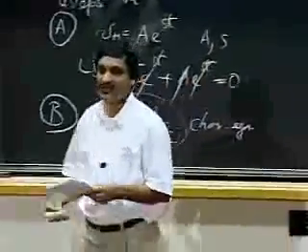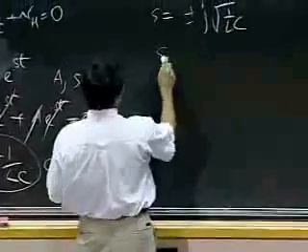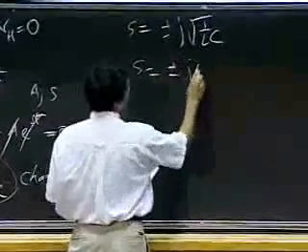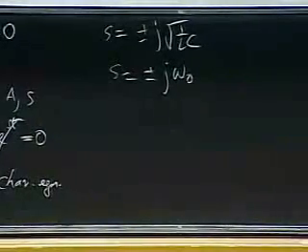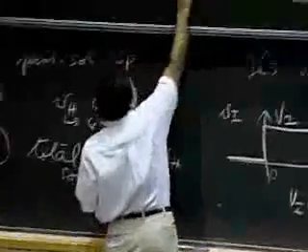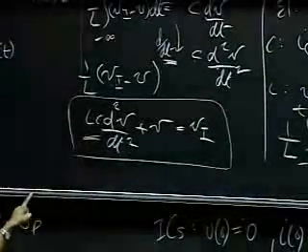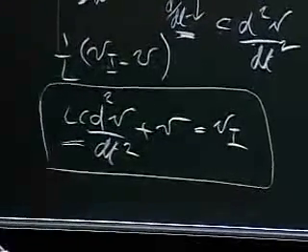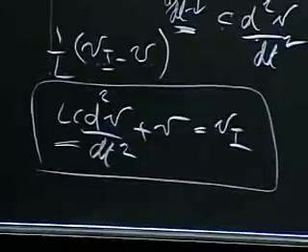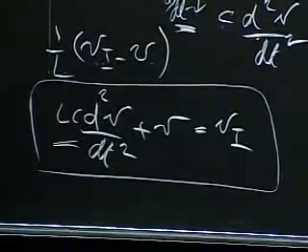Okay, just as tau was RC, omega naught is a shorthand here, and so S is simply plus or minus j omega naught. Notice that in this equation, if you take the square root of LC, that has units of time.